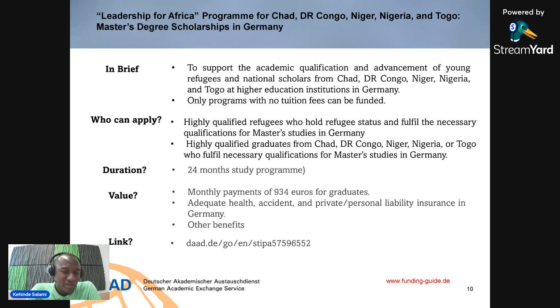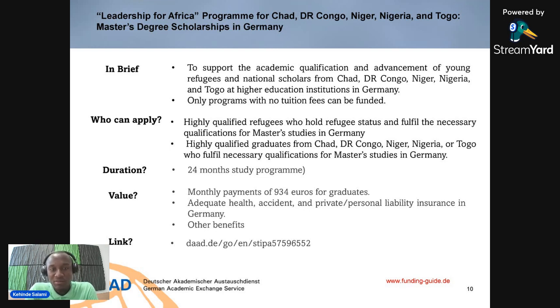But the good thing about this scholarship is that you can apply to any program you want in Germany, but it must be a program that doesn't require you to pay tuition fee. So irrespective of what you want to do masters in, you just need to look for a school whose program does not require you to pay tuition fee. Aside from that, you are good to go.